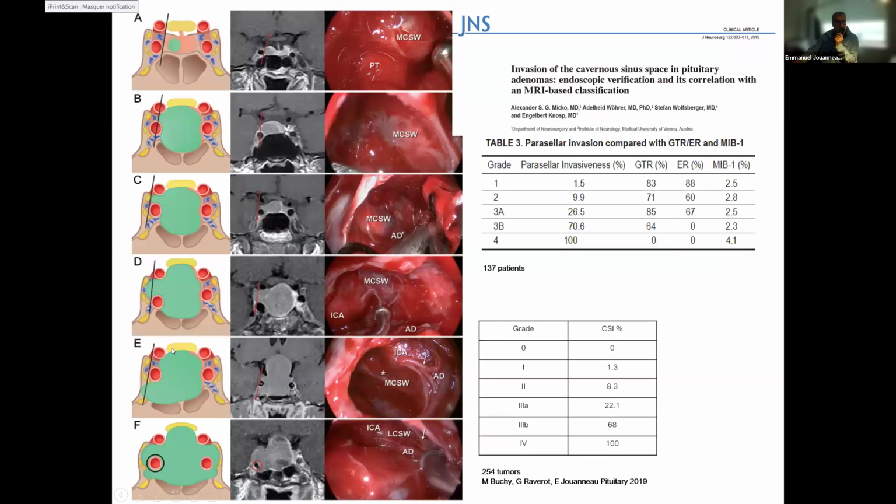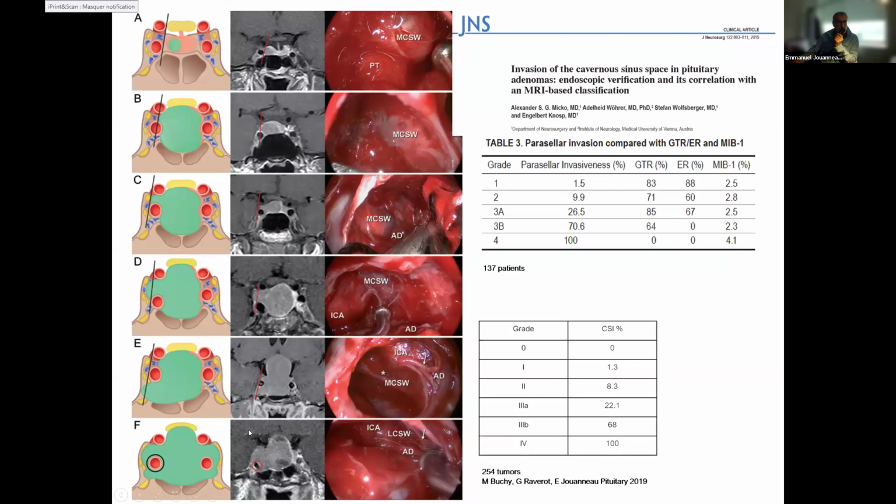That's when the tumor extends inferiorly to the cavernous sinus, inferiorly to the ICA. So 3A, sometimes it's not an invasion, it's only the tumor pushing away laterally the medial wall of the cavernous sinus, and the grade 3B tumor starts to be very invasive, close to 70%.